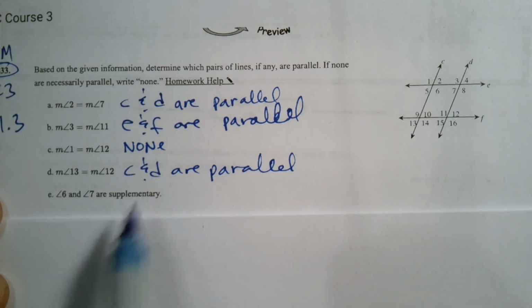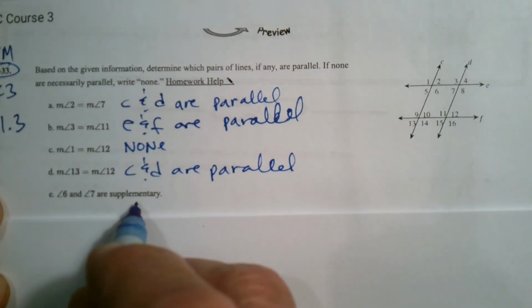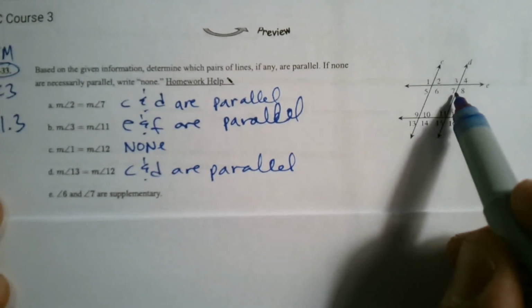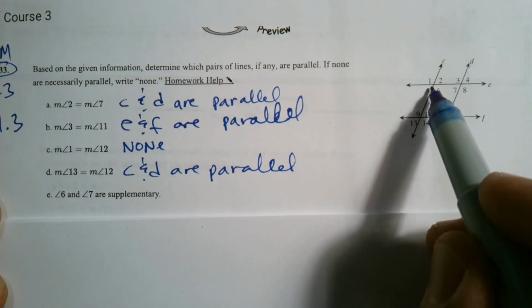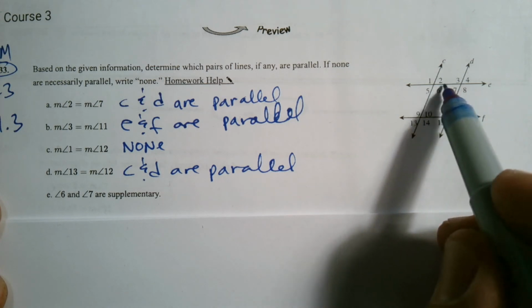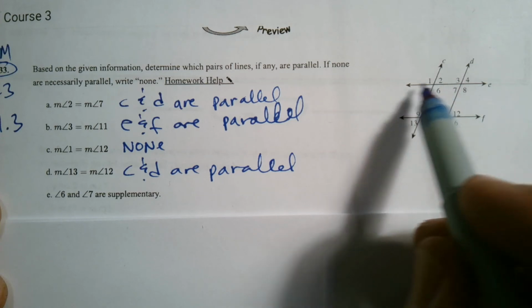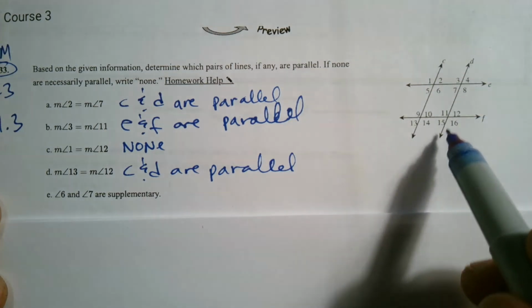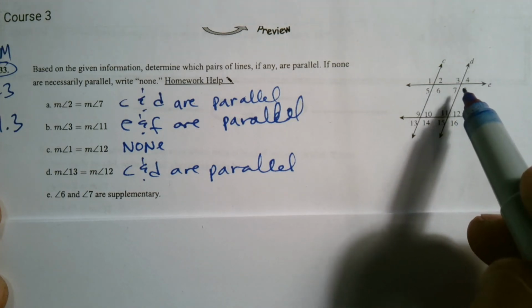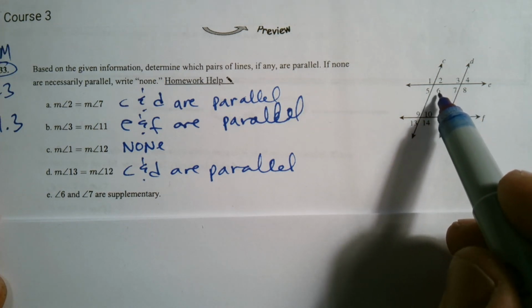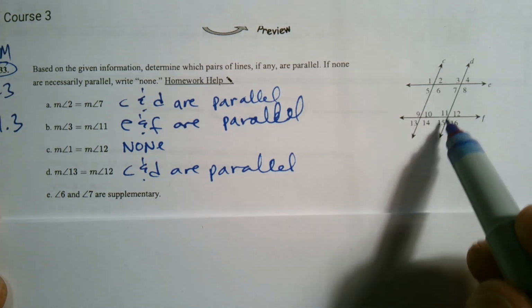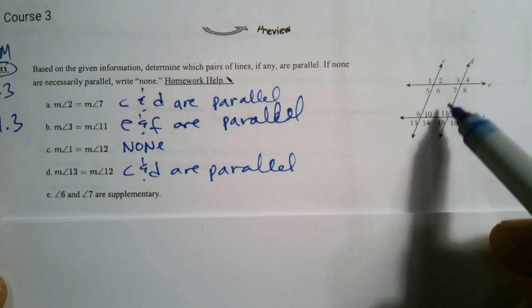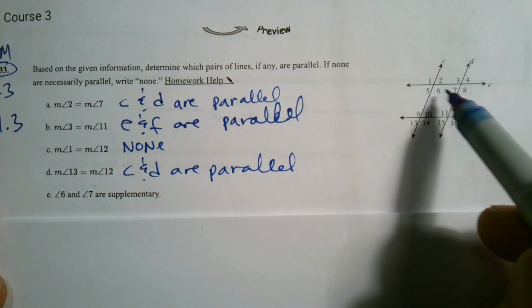Remember, supplementary means that the angles add up to 180. For 6 and 7, we have a good situation because they share line E as a ray. 6 is made up of C and E, and 7 is made up of D and E. So they have a common line, and that would be the transversal cutting C and D. We have a postulate that says same side interior angles are supplementary when a transversal cuts two parallel lines. 6 and 7 are on the same side of the transversal, and they're supplementary.